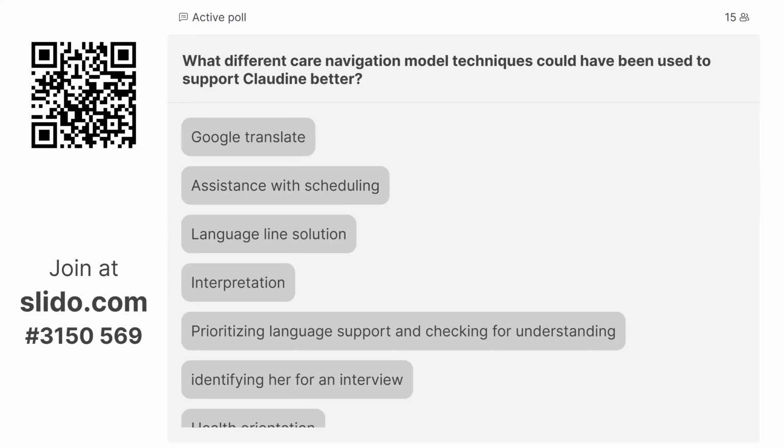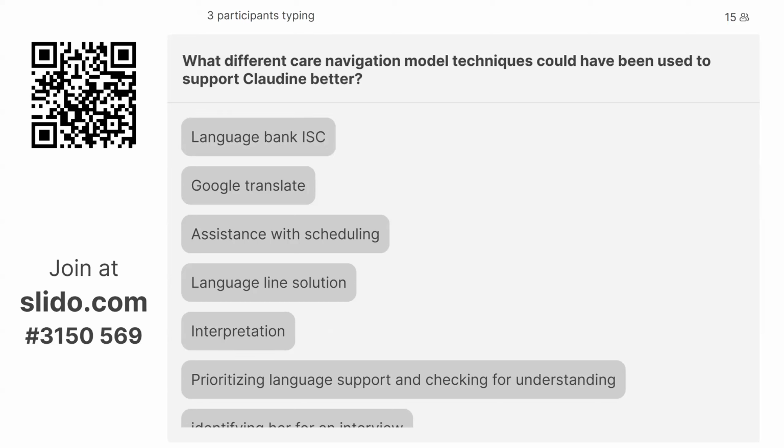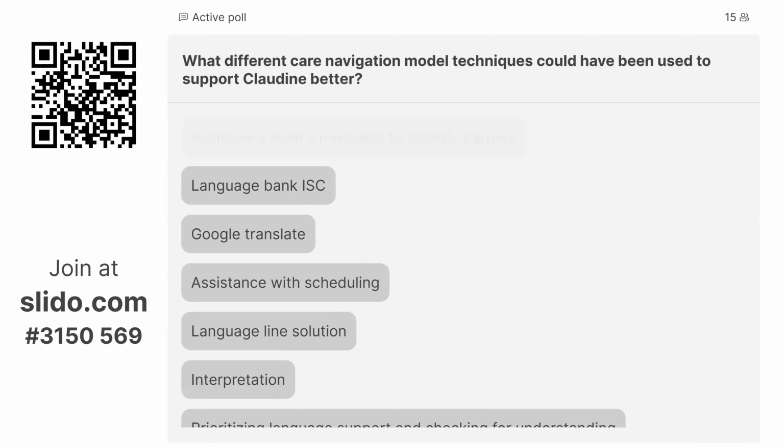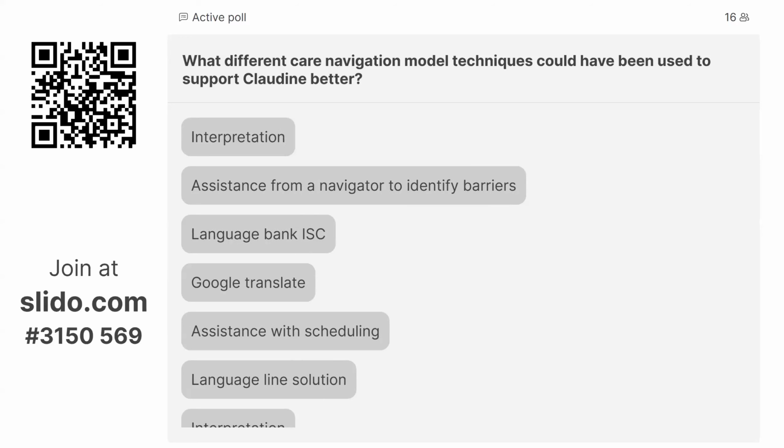Number one, I would like to focus is prioritizing the language support and checking for understanding, and also using assistance while scheduling and making sure that the patient understands, and also matching Claudine with a navigator who understands the language and also the culture, and also identifying the barriers. Yes, I think all these points are very important.